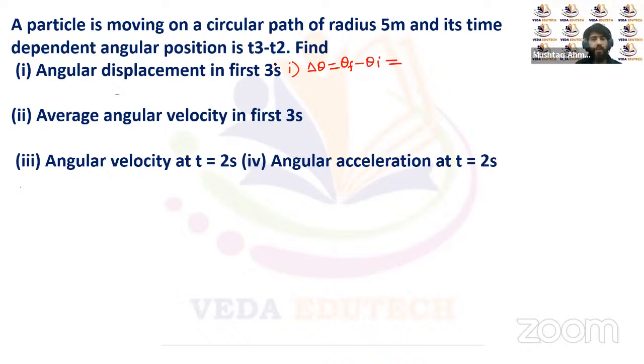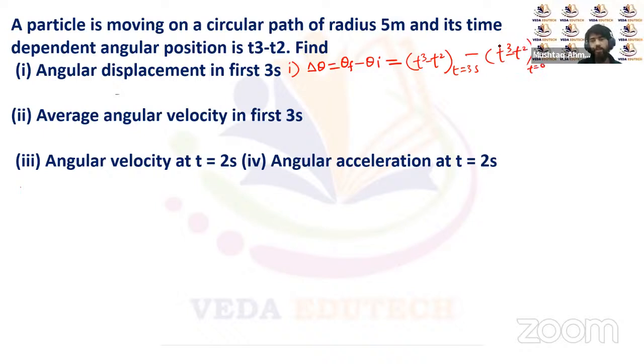I can see here, theta has been given as a function of time, that's t cube minus t square, right? So at t equal to 0, the angular position of the particle on the path is equal to 0. So the angular position will be t cube minus t square at time t equal to 3 seconds, minus t cube minus t square at time t equal to 0.